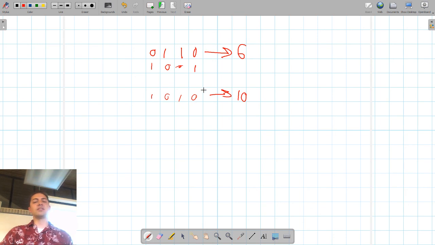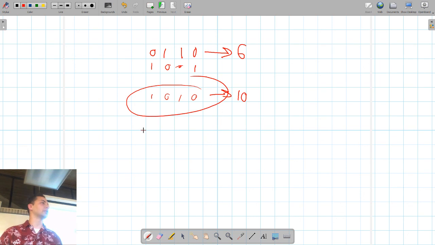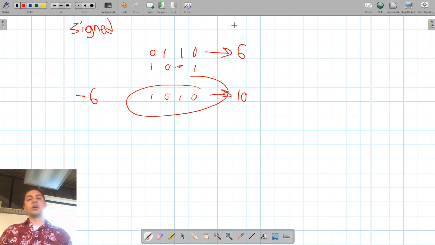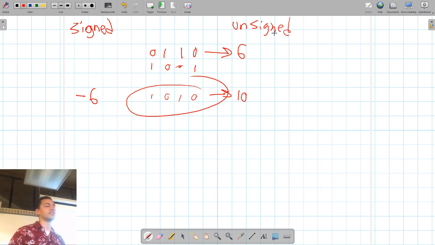So why would we ever need this 2's complement? Well, because this is a 2's complement representation of a number. It actually represents -6 in what we call signed numbers. So as unsigned numbers, it's 6 and 10.